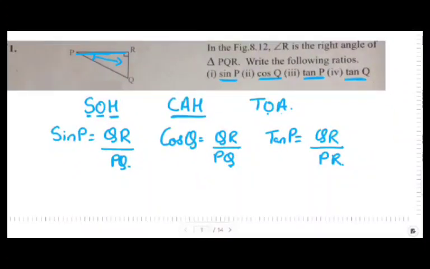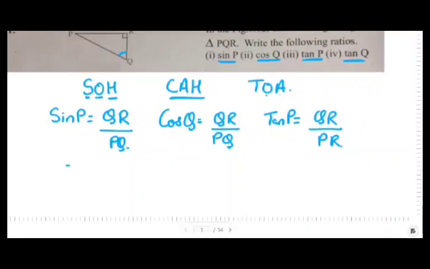Let's find out tan Q. Tan Q, this is going to be tan Q. So for tan Q, it is opposite upon adjacent. What is opposite to Q? PR upon adjacent, PR upon QR.